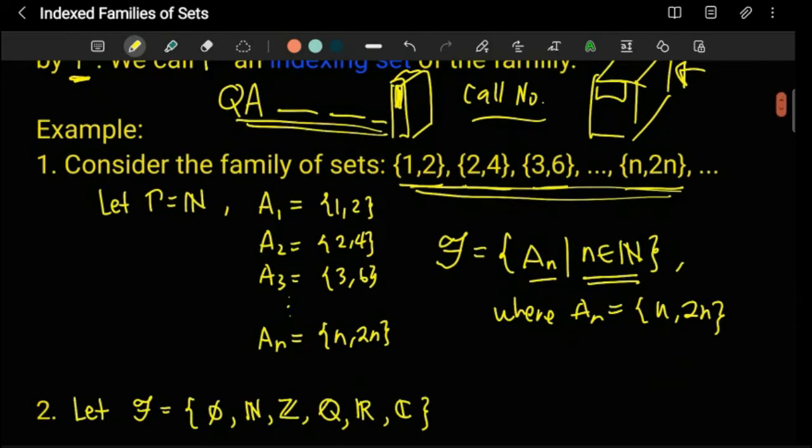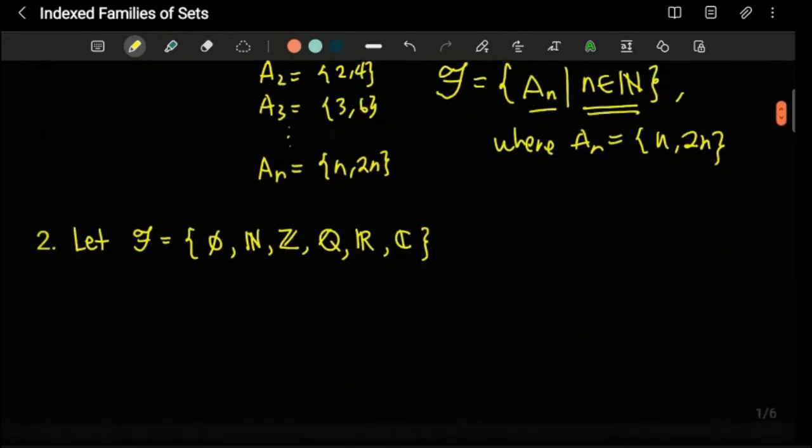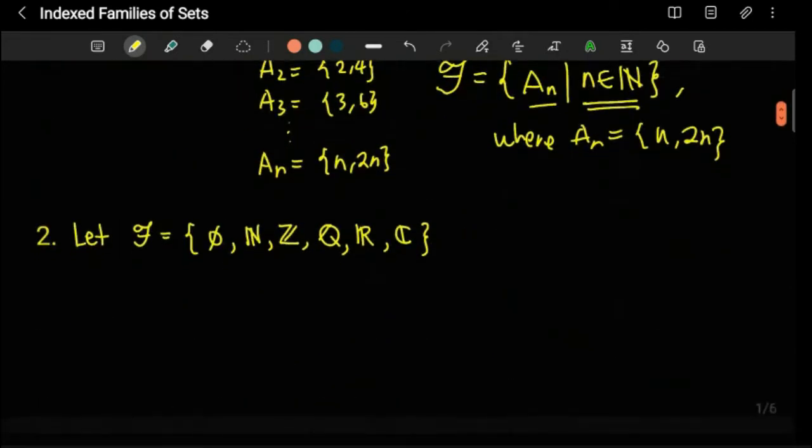For example, meron tayong set, the family of set containing the empty set, the set of natural number n, set of integer z, set of rational number q, real number r, and complex number c. So all in all, we have 6 different sets as a member of the collection F. So how do we index this set?